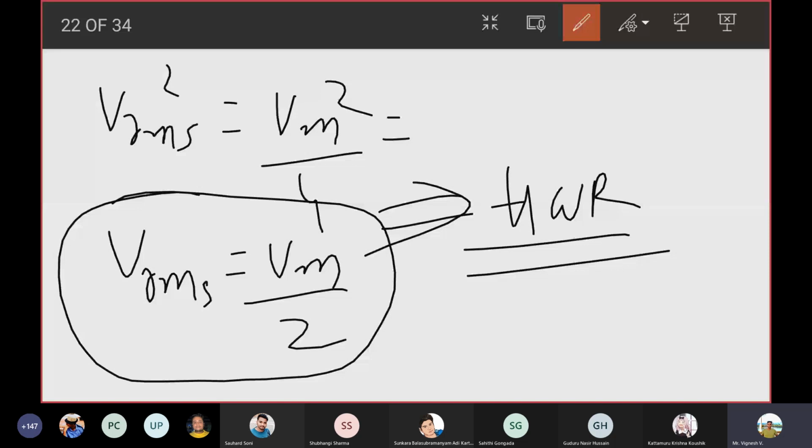We have found out what is average value and what is RMS value. There are two other things, something called as a peak inverse voltage and rectifier efficiency. I'll define what is a rectifier efficiency and I'll continue in the next class.